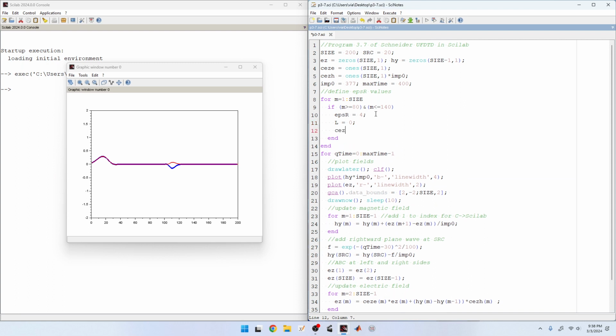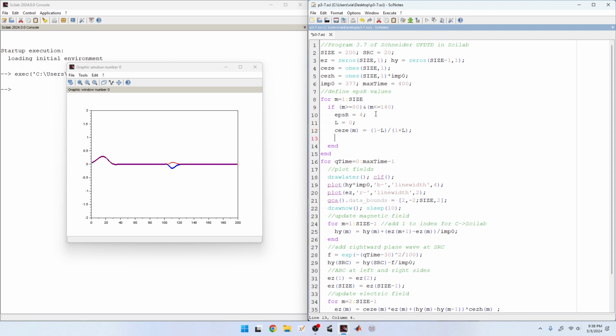And the CEZE of M is equal to 1 minus the loss over 1 plus loss, and CEZH is equal to the eta 0 or imp 0 over the eps relative over 1 plus loss. All right, if we did that correctly, we should see exactly the same result we just had.